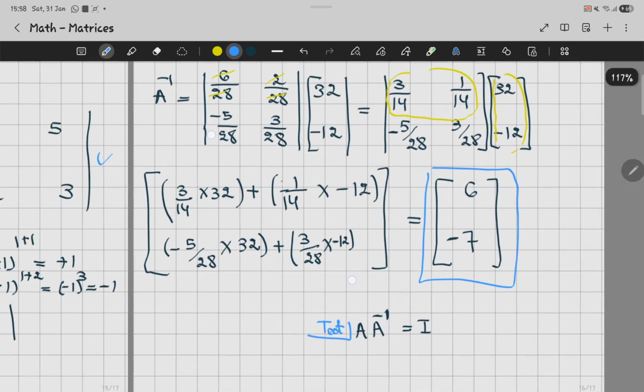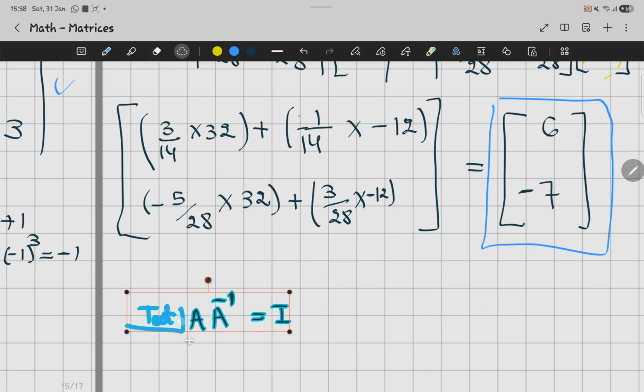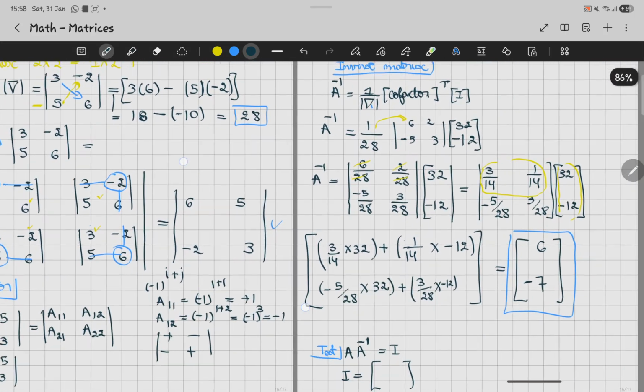Now for you to check and find out if this is correct, we're going to check this equality. The right side equals what we had as the unknown, which is 32 and negative 12.